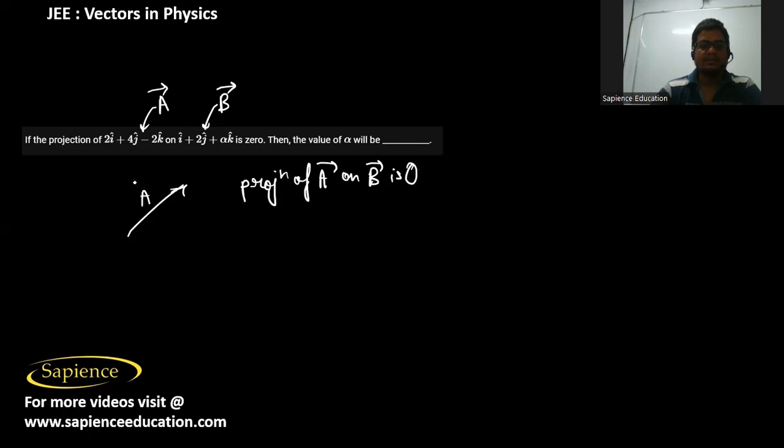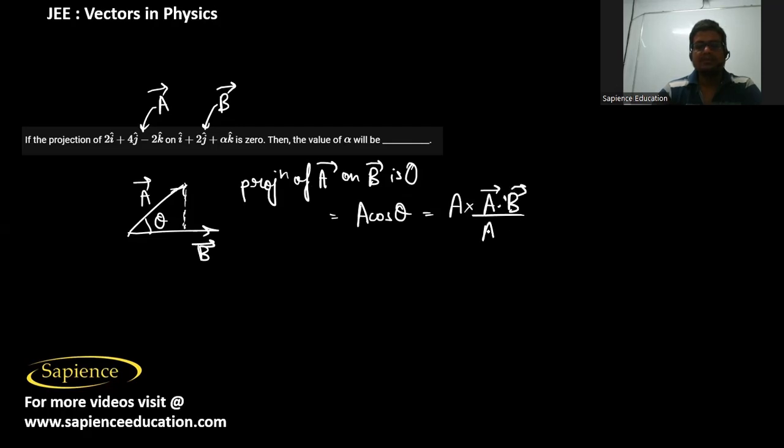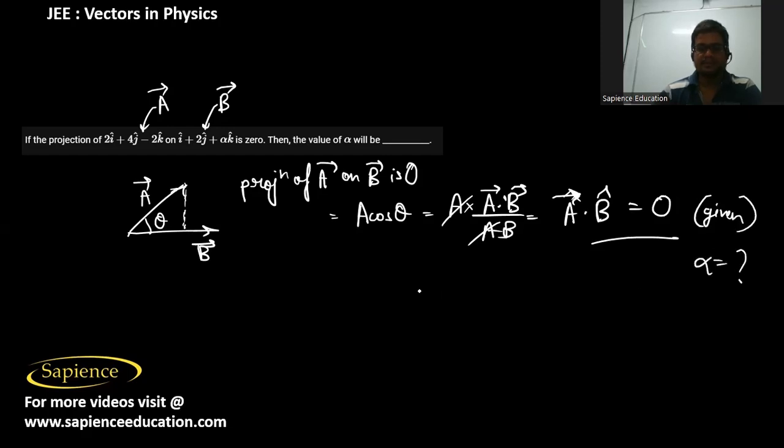It means, if theta is the angle between them, then the projection of vector A on vector B is given as A cos theta, which is A dot B divided by the magnitude of B. So this is actually A vector dot B cap, which is A cos theta, and that should be equal to 0. Then we have to find the value of alpha.